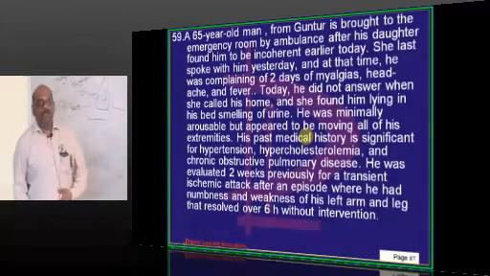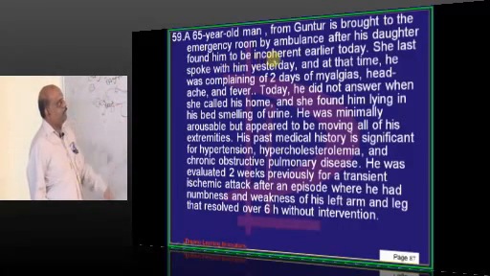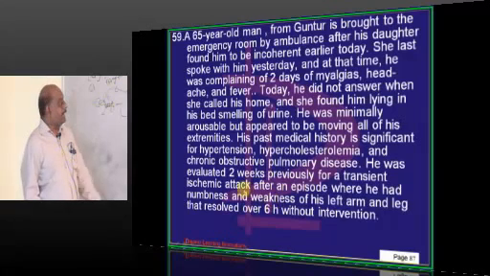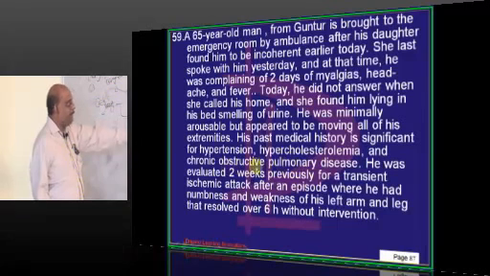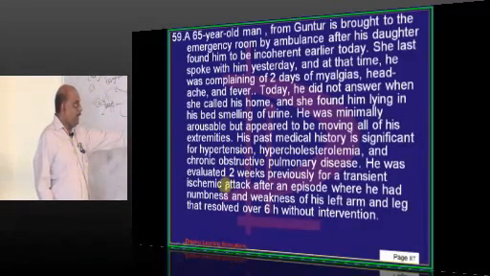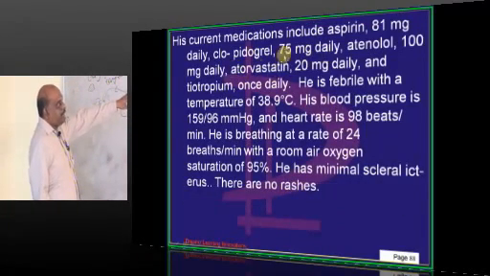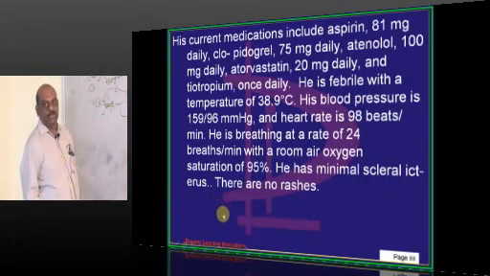A 65-year-old from Guntur is brought to the emergency room after her daughter found her incoherent earlier today. Her past medical history is hypertension, hypercholesterolemia, COPD. She was evaluated 2 weeks previously for a transient ischemic attack, and she is currently using clopidogrel and aspirin, and her BP is 156/99, and she has scleral icterus also.